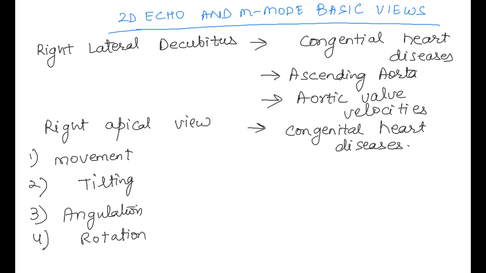And I think I will send the images as notes, because I won't be able to draw them here. Because we have to see the heart in 2D view in two directions, so that we can see how the heart is working, whether it is working properly or not. So I'll send you some echo images.